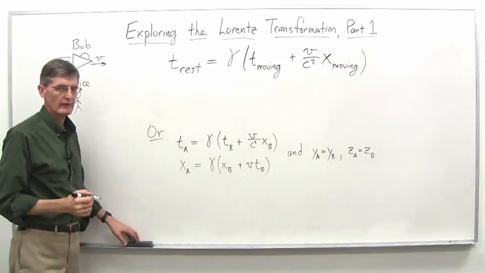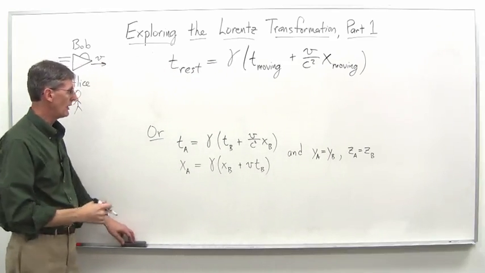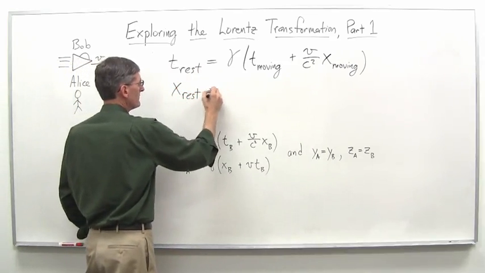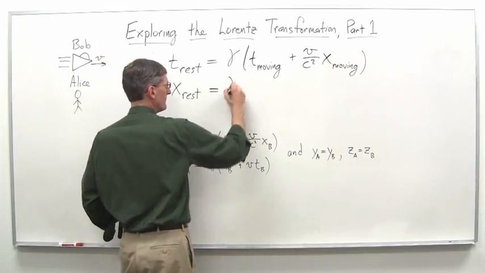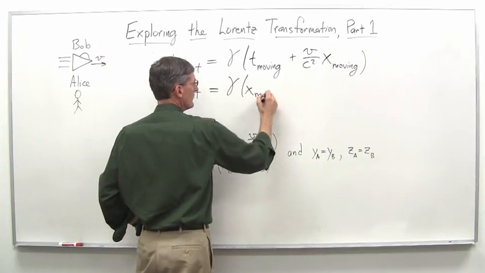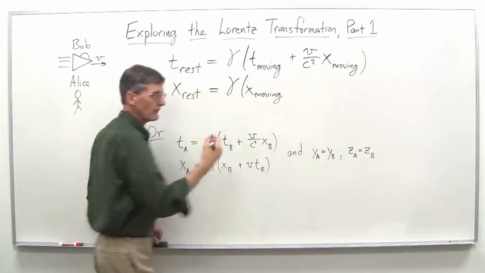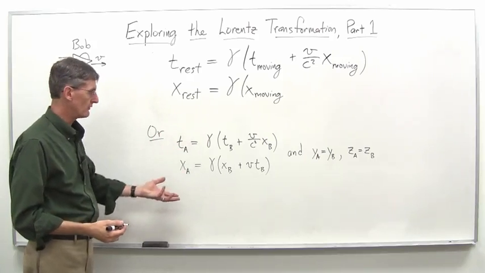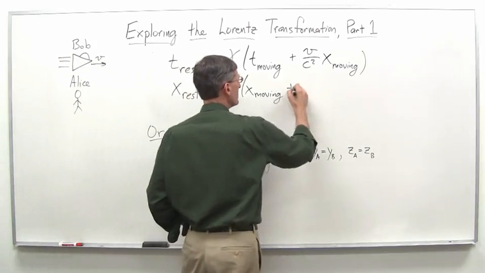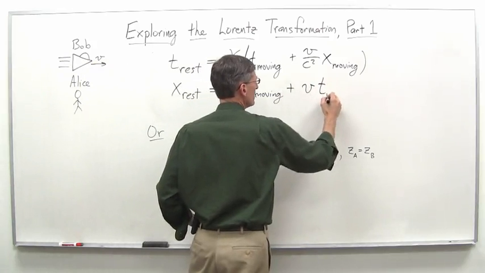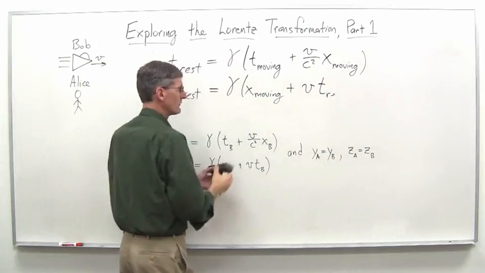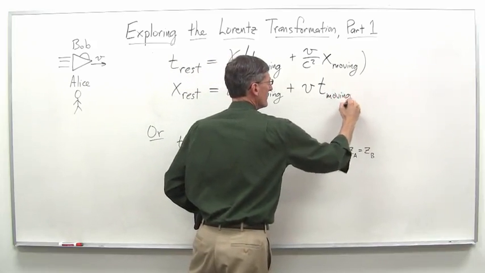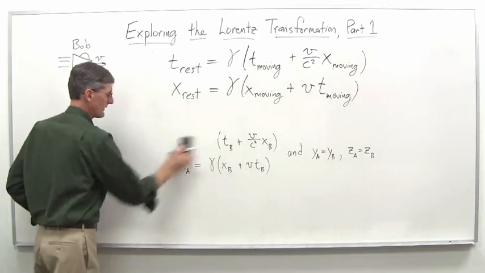In this case that would refer to Bob. And then x rest equals gamma x in the moving frame with respect to Alice. Alice is being assumed at rest here, plus v t moving, not rest. Okay, so we got that.